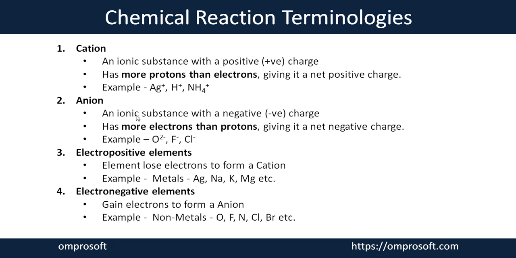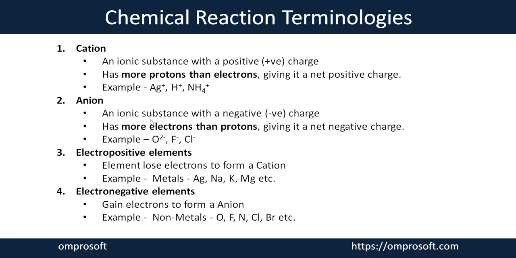Anions are also ionic substances but with a negative charge. It is completely the reverse of a cation, in which the number of electrons is more than protons. Electrons have negative charge and protons have positive charge. If some substance gains more electrons, automatically the negative charge on that substance increases and the substance moves towards the negative direction and gets a negative charge.